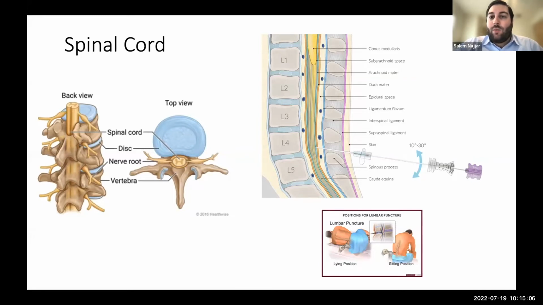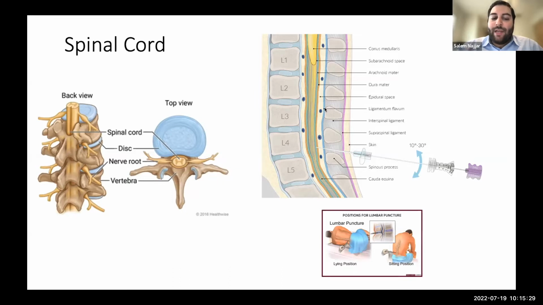If we were to start with an epidural that people use during delivery to ease the pain associated with delivering a child, first you're going to start with the skin, then you're going to get into the supraspinal ligament, then the interspinal ligament, which you can see is around these spinous processes. Then you'll get into the ligamentum flavum.